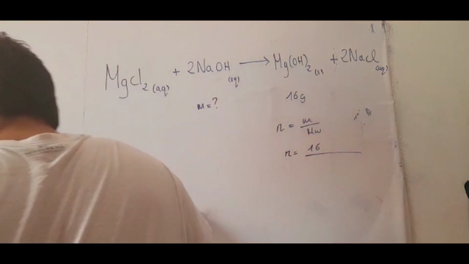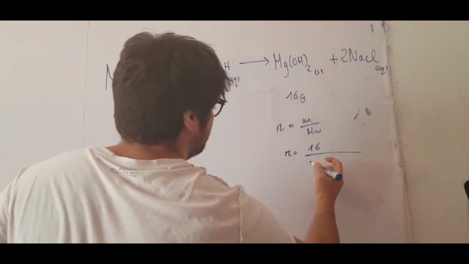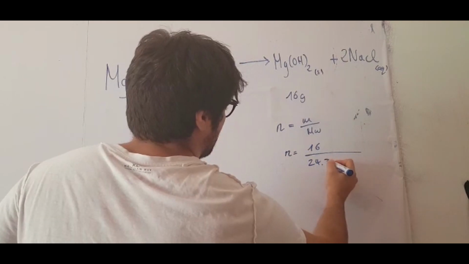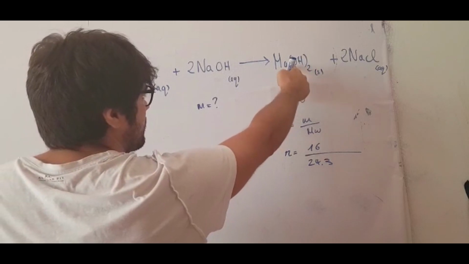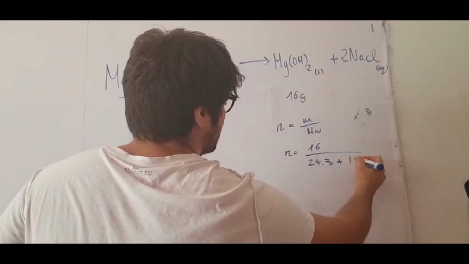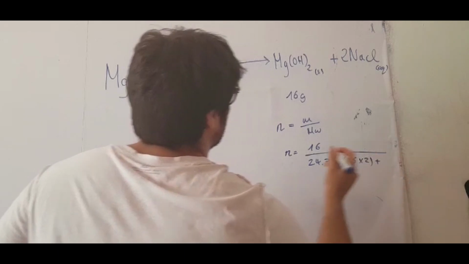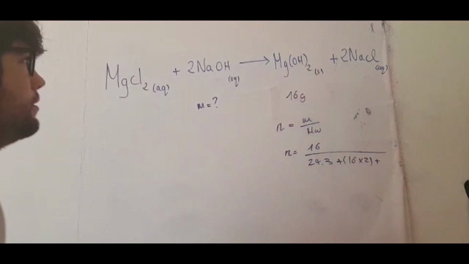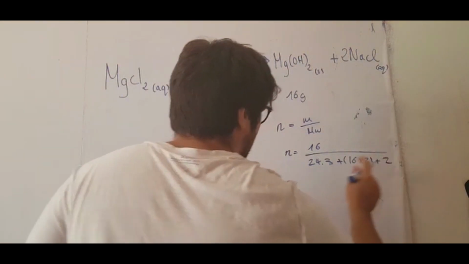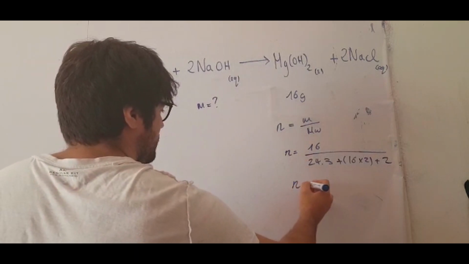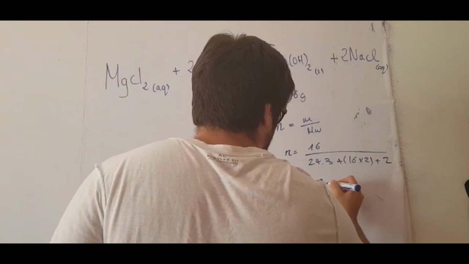This will be 24.3 for the magnesium, plus 2 oxygens, so that will be 16 times 2, plus 2 hydrogens, which will be 2. So if we calculate this, this will give us 0.27 moles.